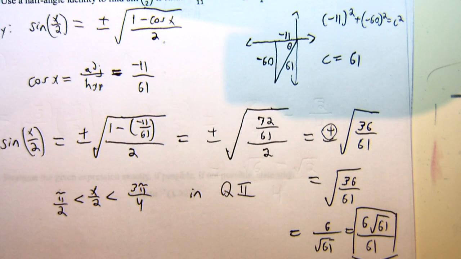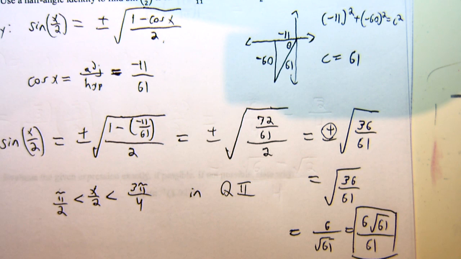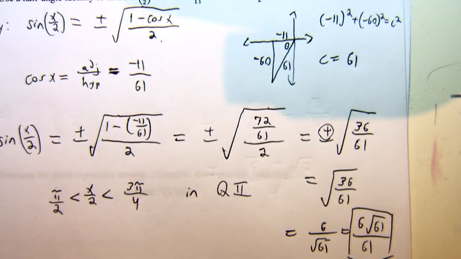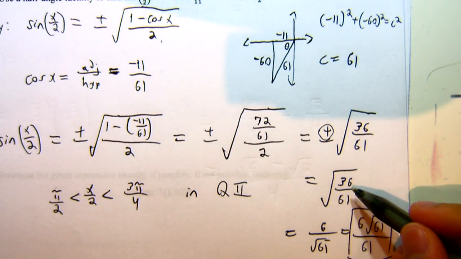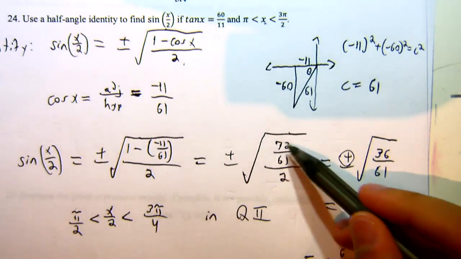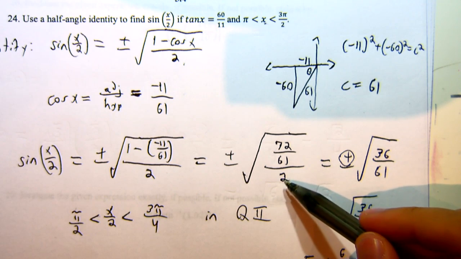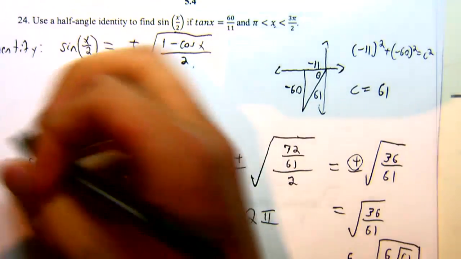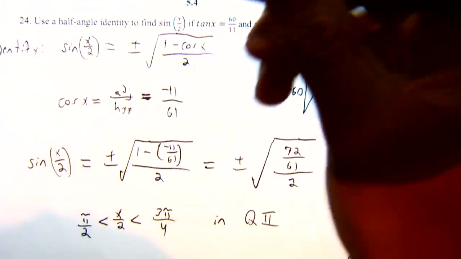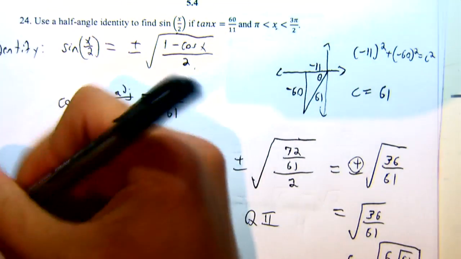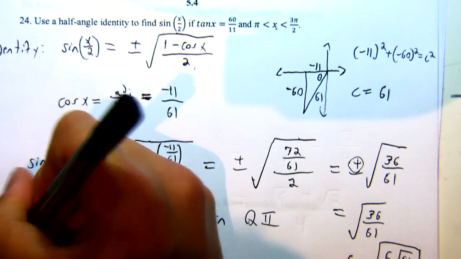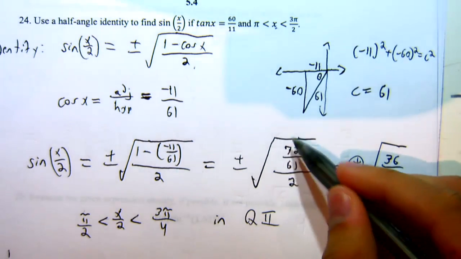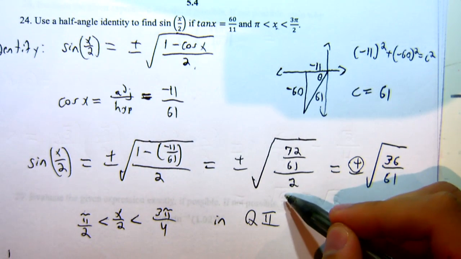Any questions there? Yes. The 36? Oh, well, 72 divided by 2 is 36. All right, well, I can write it out. So 72 over 61 times 1/2, right? So we're dividing, because we take 72 over 61, we just multiply 1/2 essentially.